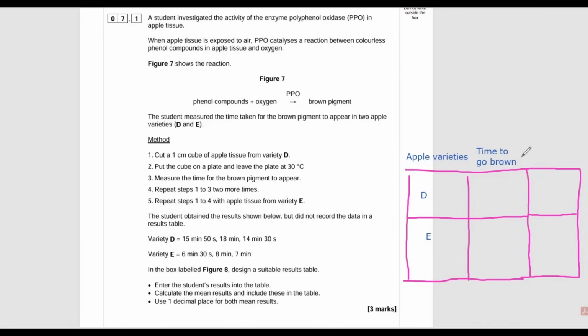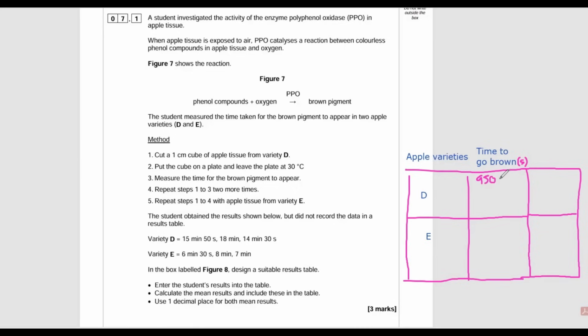So I'm going to do my time to go brown, and I should write the words in and then put seconds, but I'm running out of room, so I'm just putting S in brackets. So time to go brown in seconds, and I'm going to do 15 minutes and 50 seconds. I just want to do 15 times 60, and that equals 950 seconds.